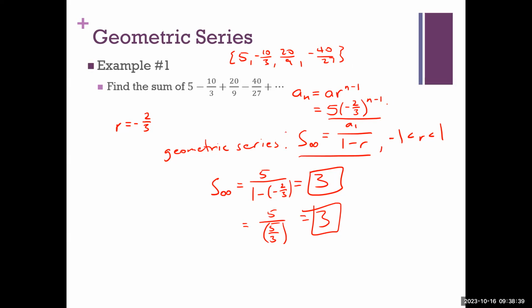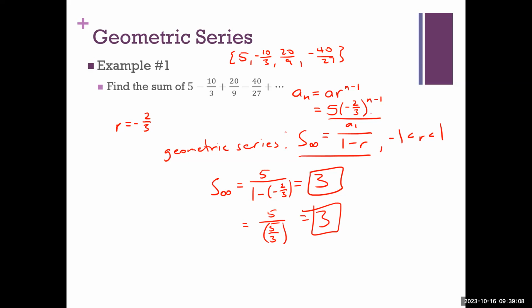If I were to have given you it in that form, would that have been clear that it was geometric? So I'll ask the question again: what separates geometric sequences? I multiply by a number to get the next number.